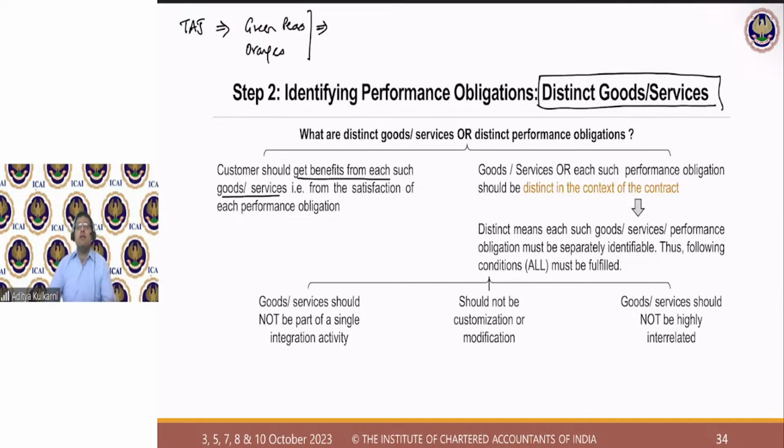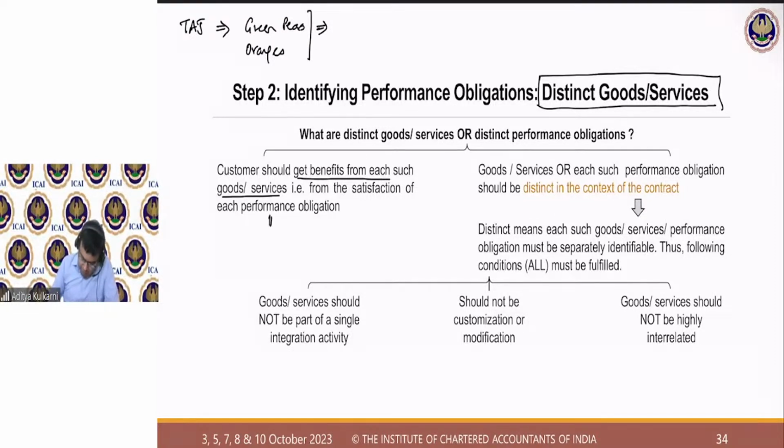Taj is the customer, the vendor is your vegetable supplier. We have to think from the perspective of the vegetable supplier. When I supply green peas to Taj, when I supply oranges to Taj, is it giving benefit to the customer? Answer is yes.